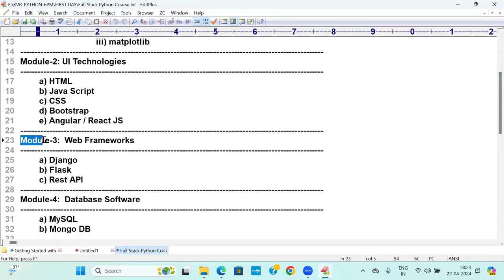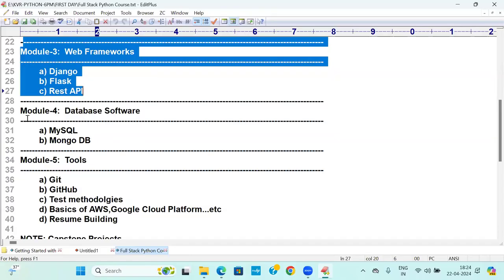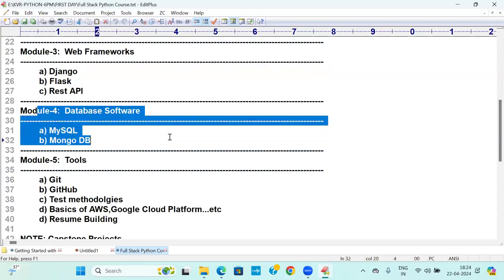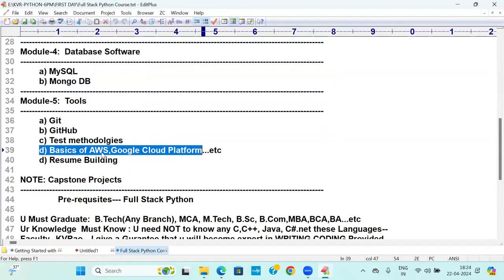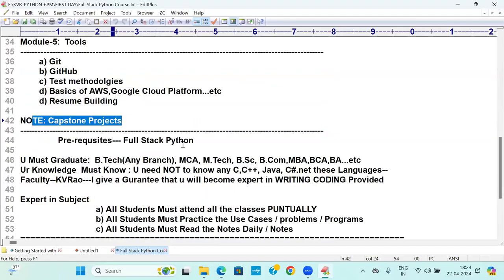Module 3, web frameworks: Django, Flask, and REST API. Module number 4, database software: MySQL and MongoDB. And tools: Git and GitHub, testing methodologies, basics of AWS, GCP, Google Cloud Platform, resume building, and a capstone project in every part of it. This is what I discussed on day one.